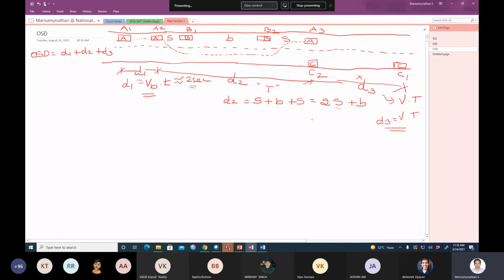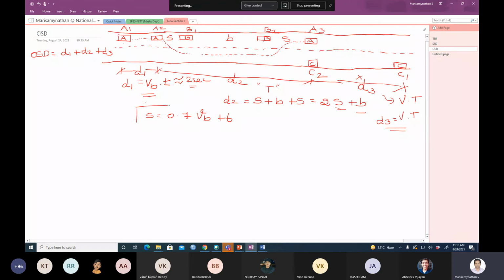Here I will give a little bit of explanation with respect to the estimation of S and B. Directly, I am just telling you that we have to calculate S as 0.7 into the speed of the vehicle plus 6.